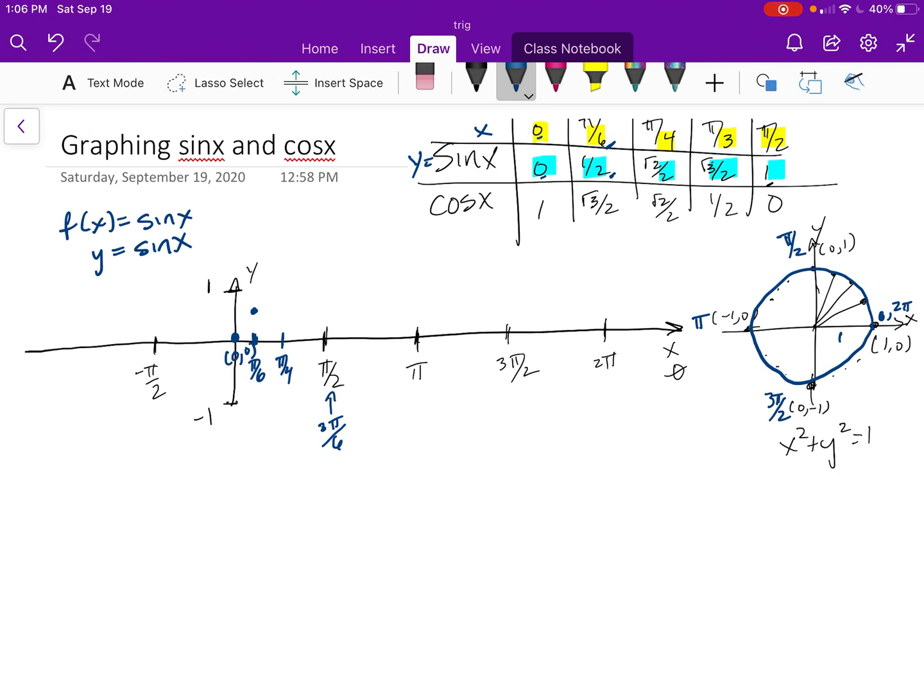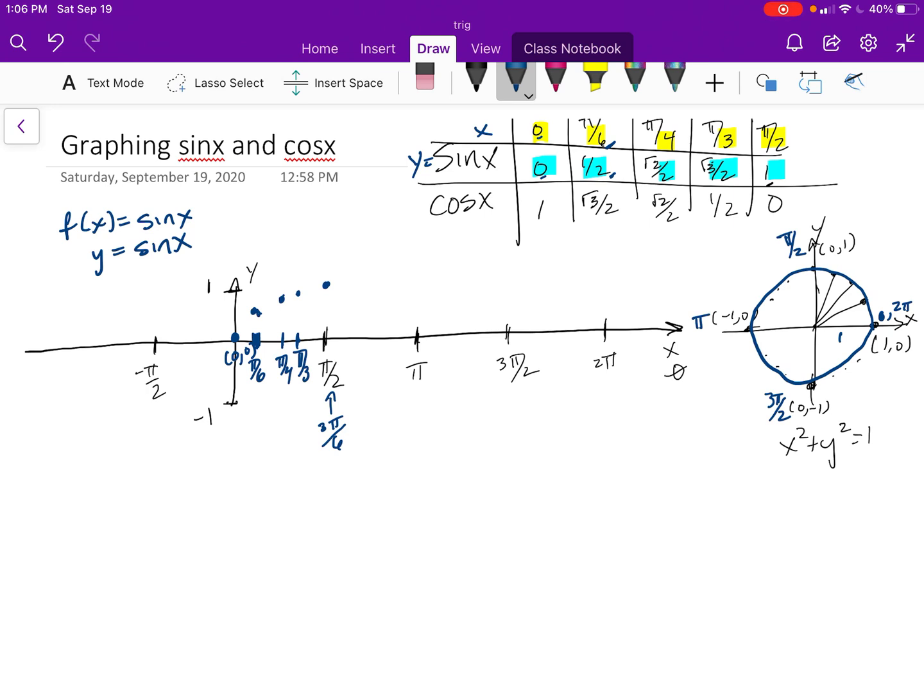If I were to cut it into thirds, it's close enough. Pi over 4 is square root of 2 over 2. I don't know exactly what that is, but I know it's less than 1 and greater than 1/2, so somewhere right there. Pi over 3 is somewhere right here, and that is square root of 3 over 2. It's getting close to 1, and then at pi over 2, we finally hit 1.